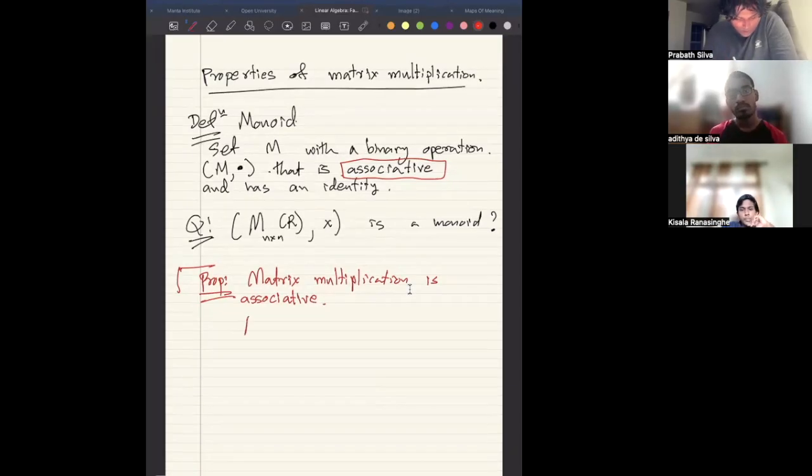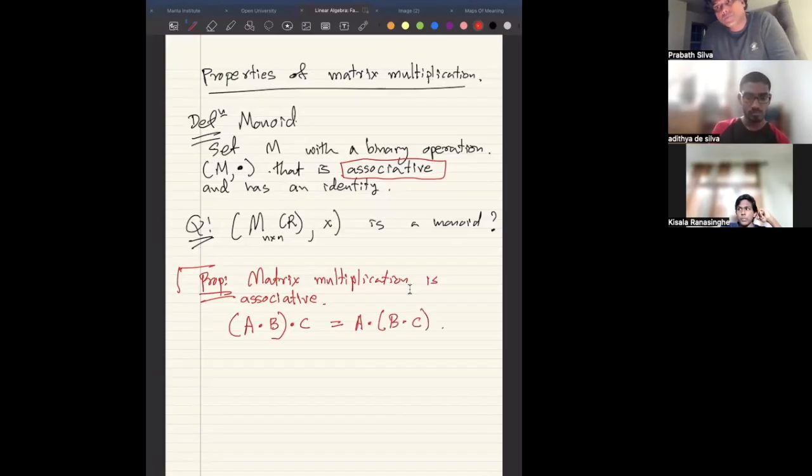Meaning you can show that if we take 3 matrices and you multiply A with B, and then you take the product and multiply that with C, this is the same as multiplying the matrix A with the product of B and C. That means when you write a product of 3 matrices, you can just write ABC.